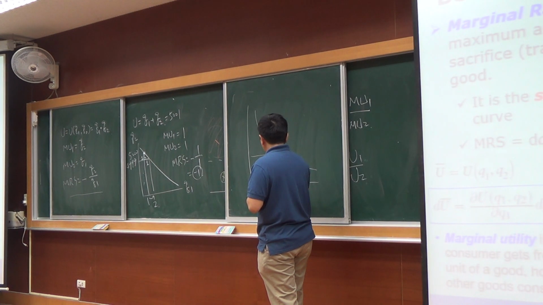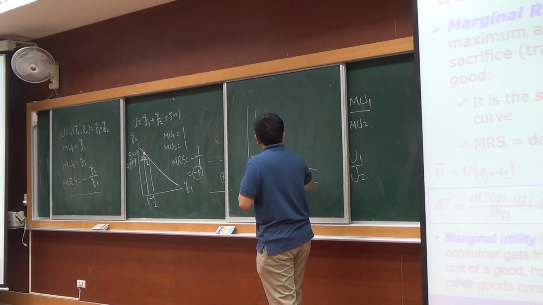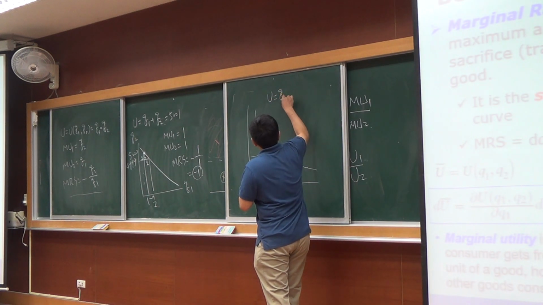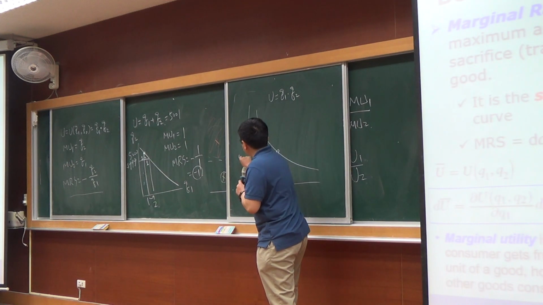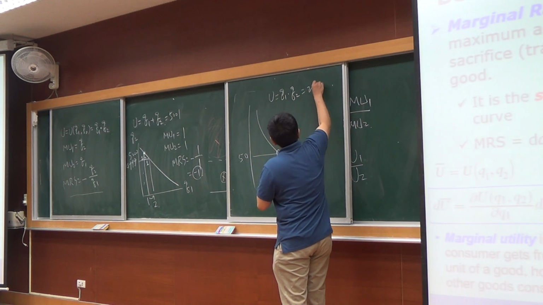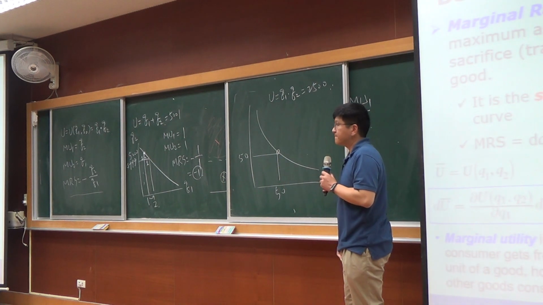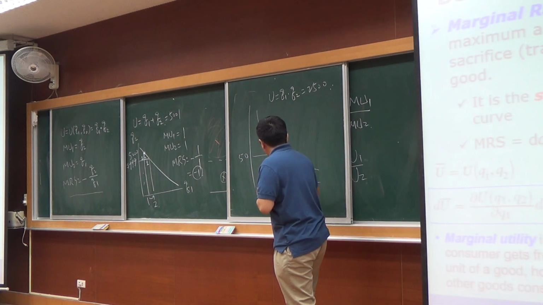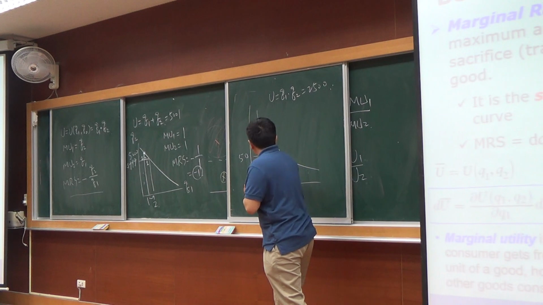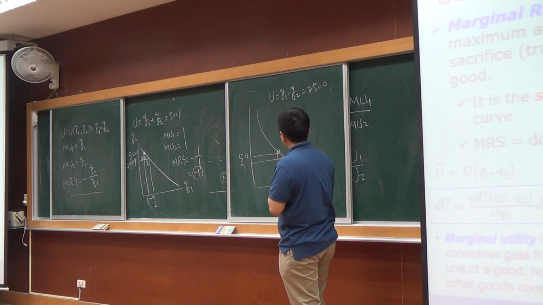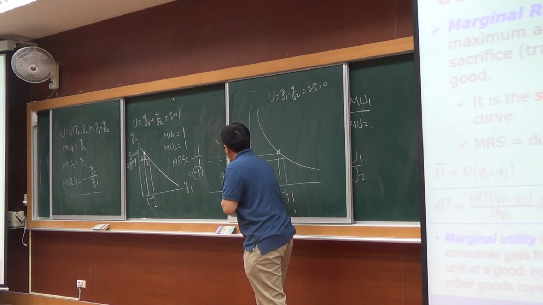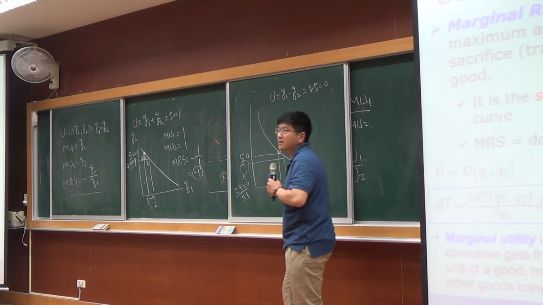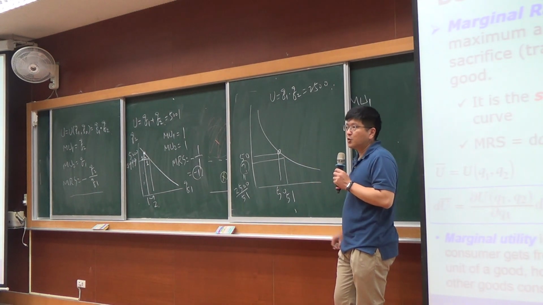Let U equal Q1 times Q2, and it's 50, 50, so it's 2,500, right? What about 51? What's the value here? It would be 2,500 over 51, just a little bit lower than 50.